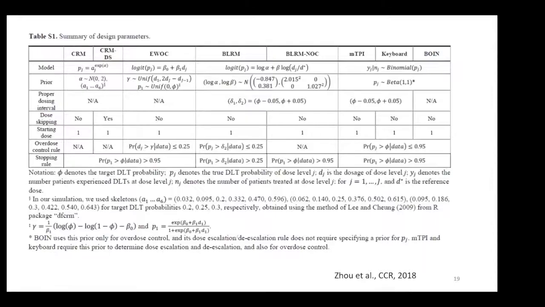It tells you the models and the prior assumptions often used for these designs: CRM, EWOC, and the Bayesian logistic regression model. Those are the designs we'll talk about later. I think this can help you understand the technical things behind these designs.